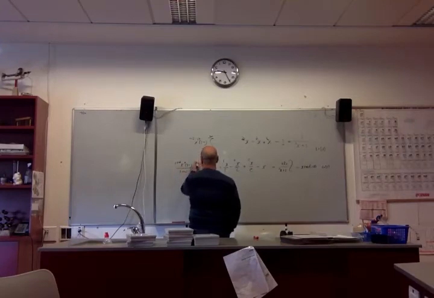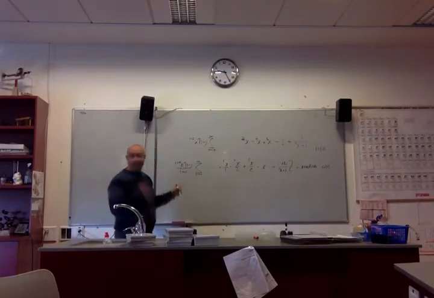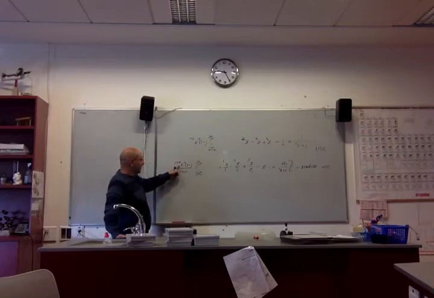Let's see if it starts at 1. That's how you check. If n is 0, then I get x over 1, and it's plus. And let's say n is 1, so I get negative 1 to the 1, x to the third over 3, which is negative x cubed over 3. So this is right.